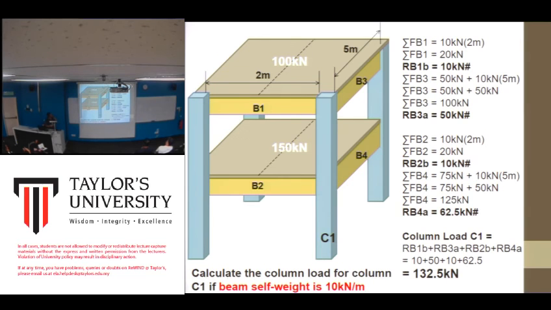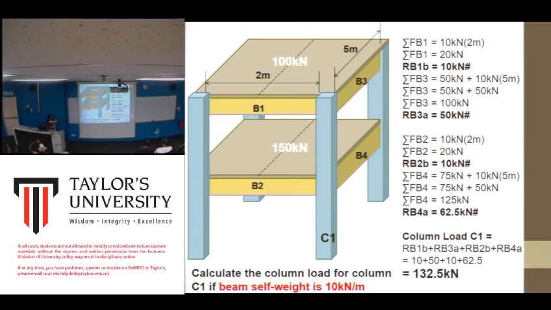You don't have to multiply with 5 meter anymore because it's already the total load of the slab. So this is 50 plus 10, the load of the beam, times 5 meter, so 50 kilonewton for the beam. Half goes that side, 25, and this is 25.